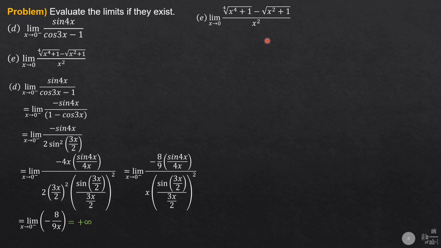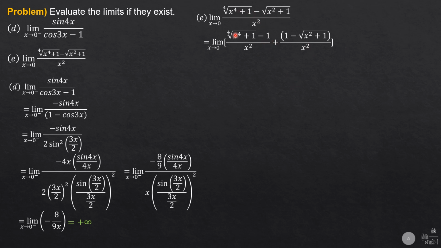So let's make this the fourth root of x to the fourth plus 1, then minus 1, all over x squared, then plus the quantity 1 minus the square root of x squared plus 1, all over x squared, then combine. So I introduce negative 1 over x squared here. I also introduce 1 over x squared to the right, so that maintains the original function.